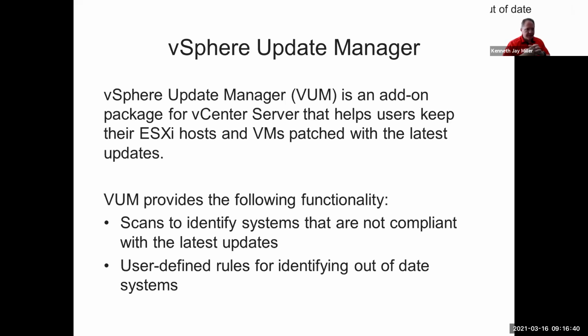It can look at them and say, hey, this does not have the proper updates. And then we can apply various rules that we set up and tell it to do the update process for us. So it's a kind of automation of our updates within not only the Windows environment, but Linux and VMware as well. So the vSphere Update Manager.